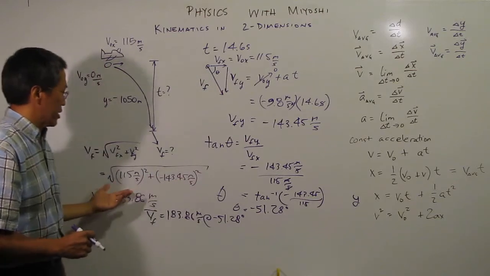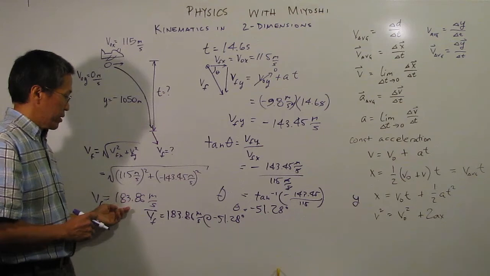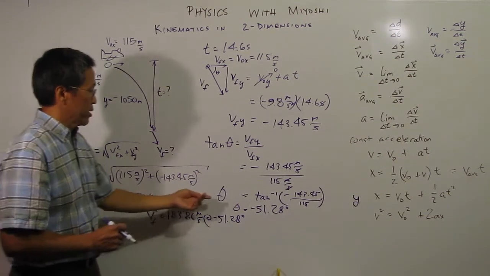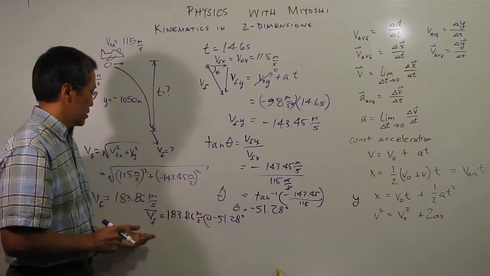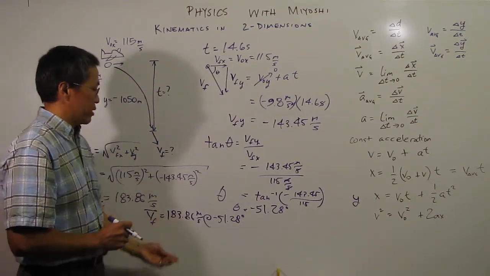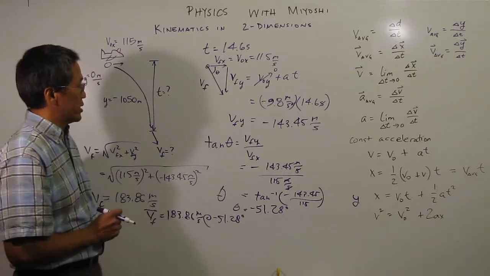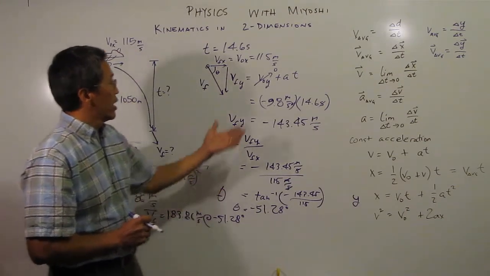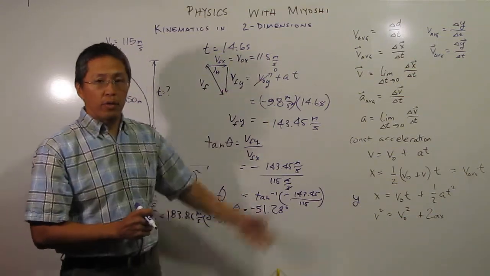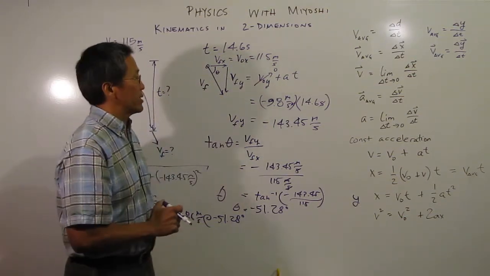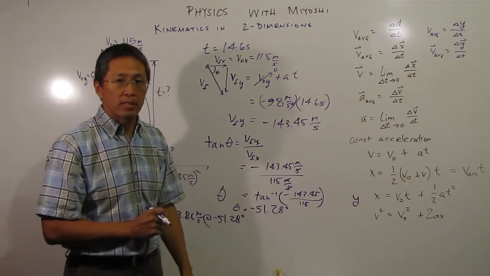We used the Pythagorean theorem to find the magnitude, and then we used the definition of tangent to find our angle, and found it to be 183.86 meters per second at an angle of negative 51.28 degrees. So you can see that this is one problem that is broken into two problems, and that's how we solve kinematic problems in two dimensions.